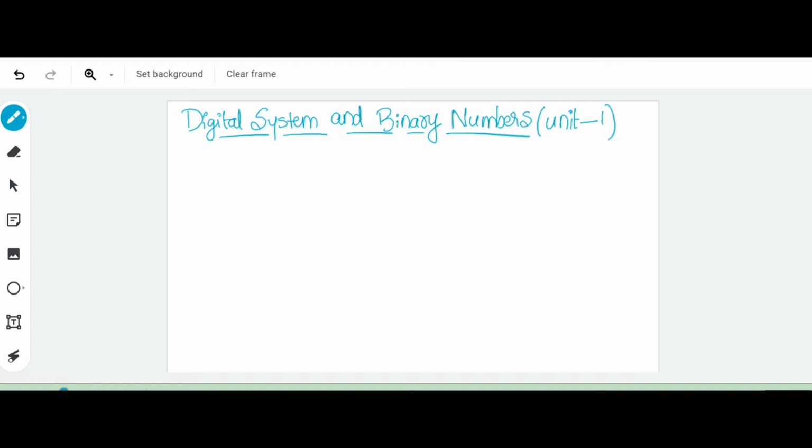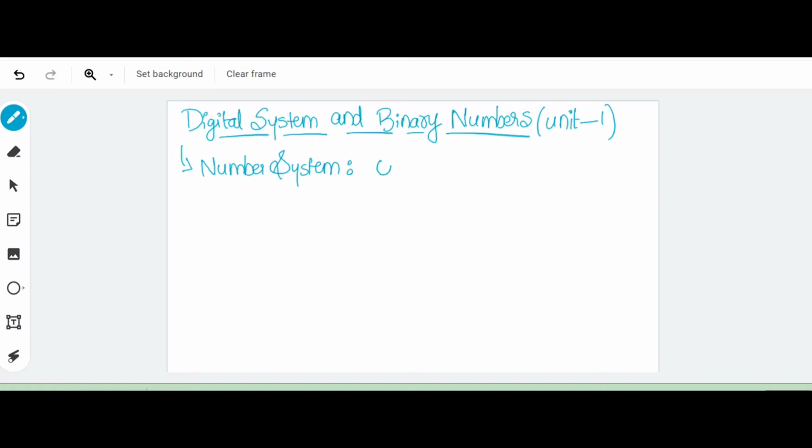Now first let's discuss about digital system or the number system. As you are aware of this number system, it is with the 10 digits. This is the basic digital system with its 10 digits.